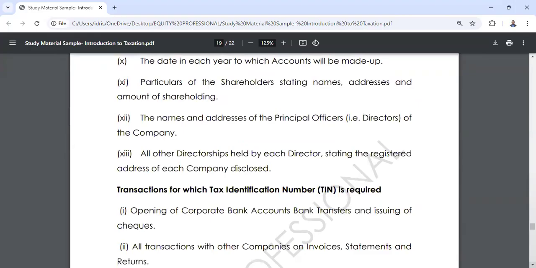All these are the requirements for TIN registration.